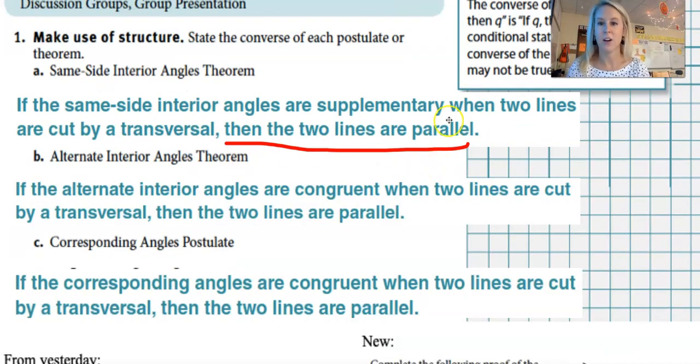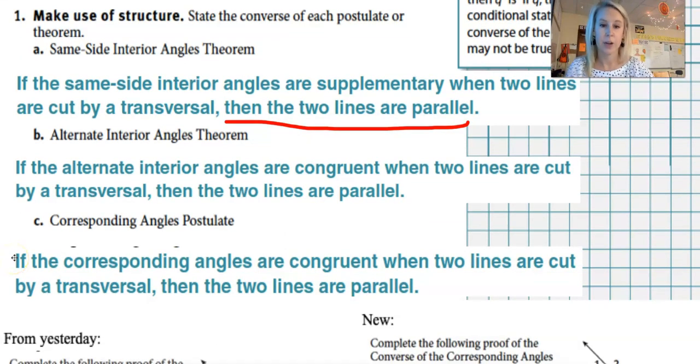So hopefully you saw that the part "when two lines are cut by a transversal, then the two lines are parallel" is the same in both of your statements. The only thing that's going to be different is on part B: if alternate interior angles are congruent, so they're not supplementary. So the converse would be if alternate interior angles are congruent when two lines are cut by a transversal, then I know the two lines are parallel.